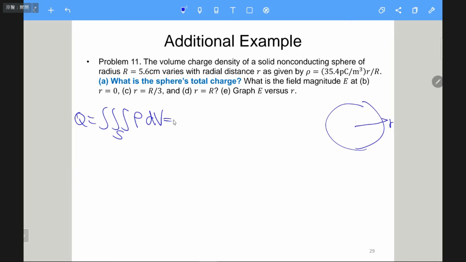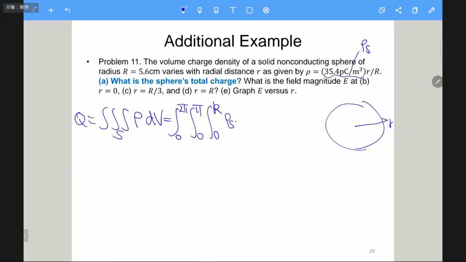Okay, so in order to deal with this triple integral, we need to use the spherical coordinates, which is like 0 to 2 pi, and then 0 to pi, and then 0 to capital R. Let us call this term rho s.